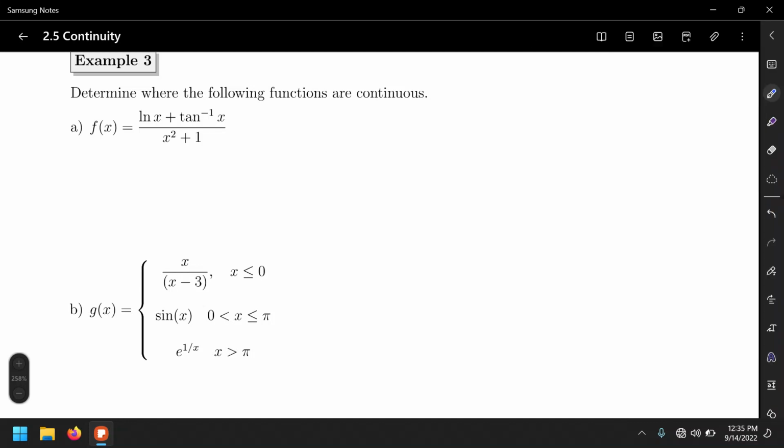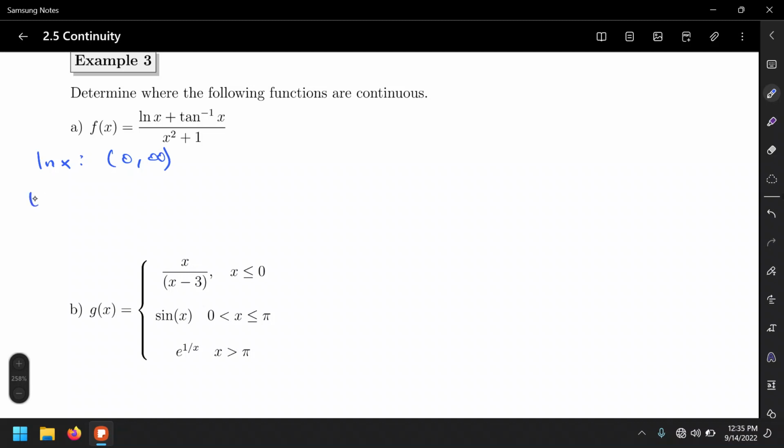We need to look at every piece of the function individually and then put everything together. All right, so number 1, ln x. What's the domain of the ln x function? Is it defined for all real numbers? What's the domain then? 0 to infinity. So we already have some restrictions, right?